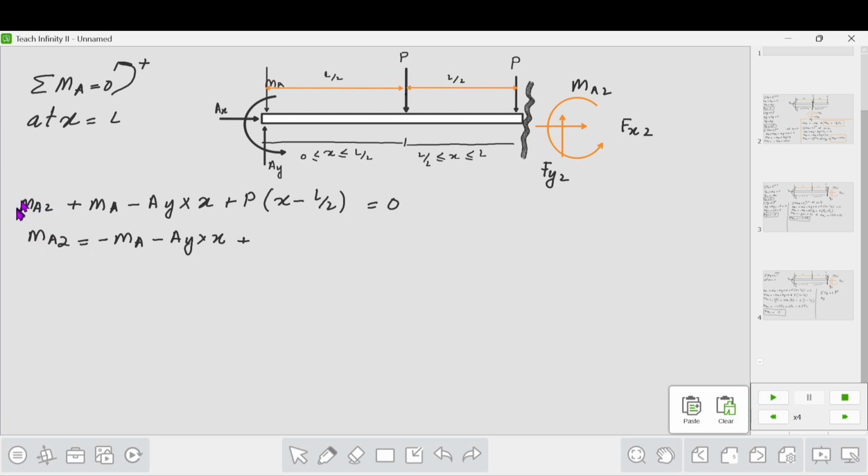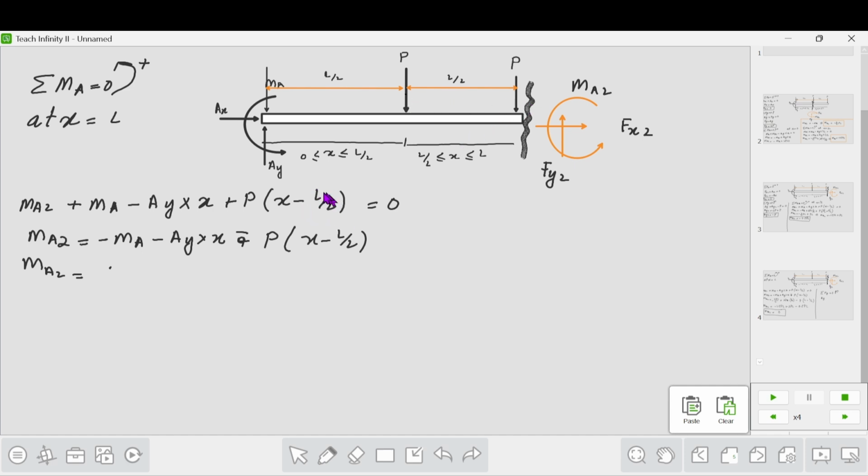So MA2 plus MA, this is MA, negative AY multiplied by this lever arm, AY multiplied by X. I have taken X equal to L. So X equal to L and positive P multiplied by this whole length, X minus L divided by 2. I will subtract this L/2 lever arm. This is not taken into account in this load. I will take into account only this lever arm.